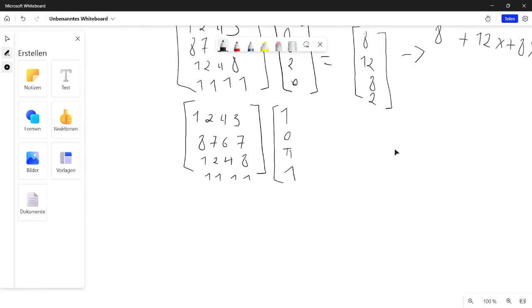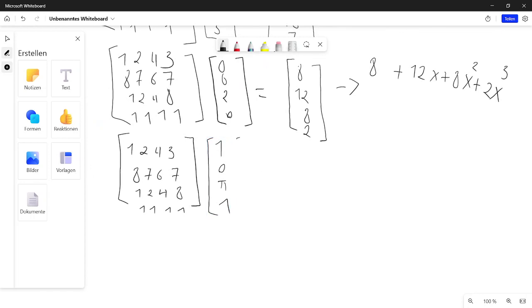Right. And that gives 1, 3, 4, 4 plus 4 pi, right? And 15 plus 6 pi. And 9 plus 4 pi.